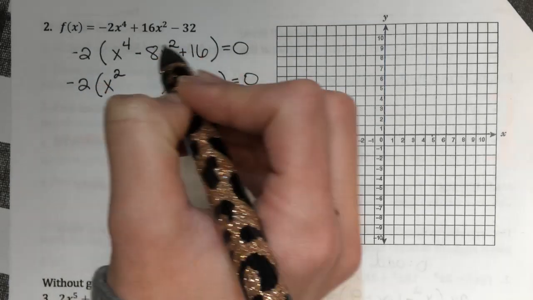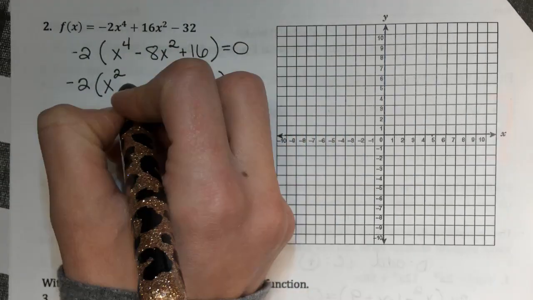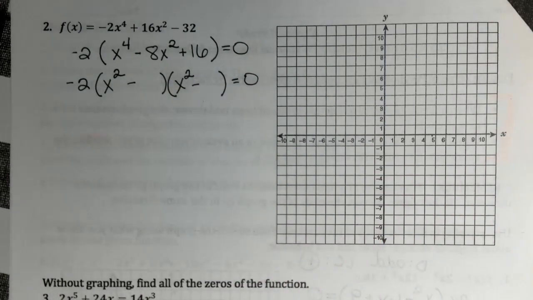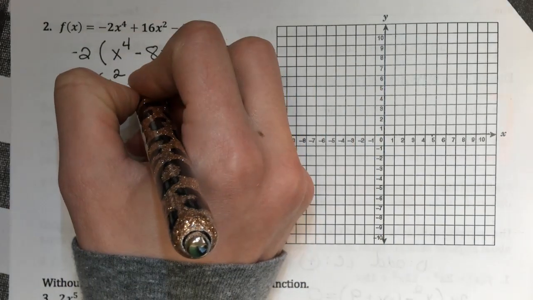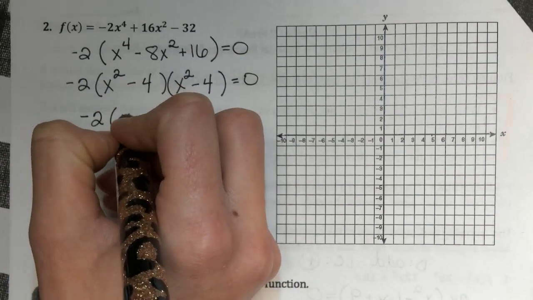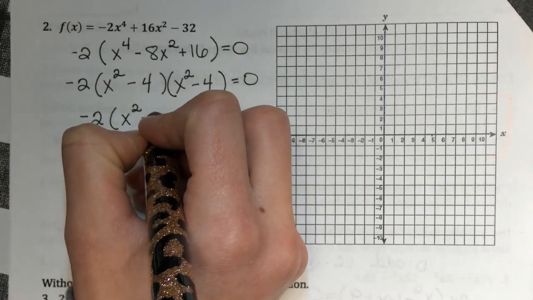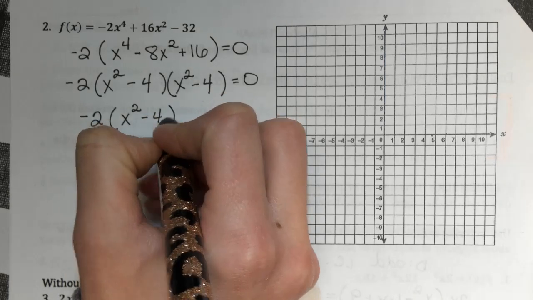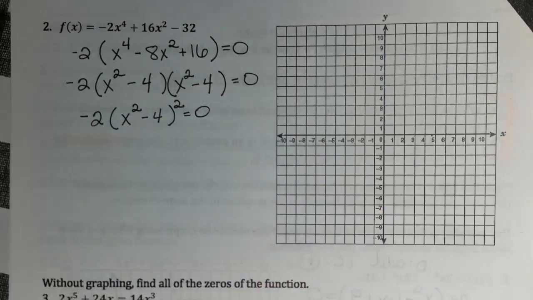I know this is x squared. I know they're the same signs. Hopefully you know what this is. It's going to be the same. So you can write it negative 2 times x squared minus 4, squared, equals 0. But what do I know about x squared minus 4?